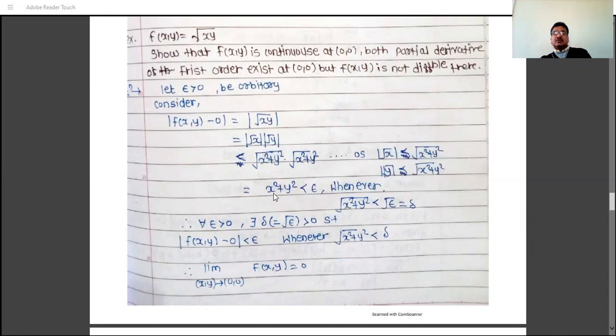So here write strictly less than, don't write the equal to sign, then this into this is x square plus y square. Root a into root a is a. So this is not 2 times root of x square plus y square. There is multiplication.